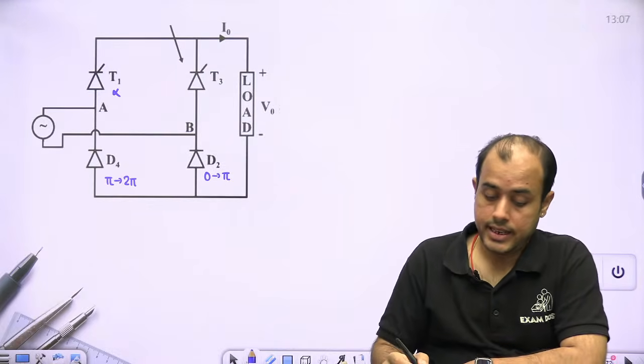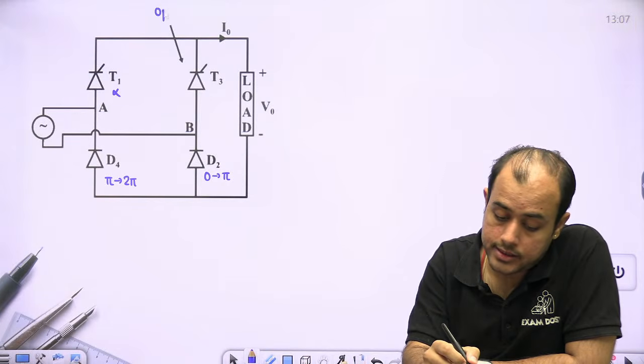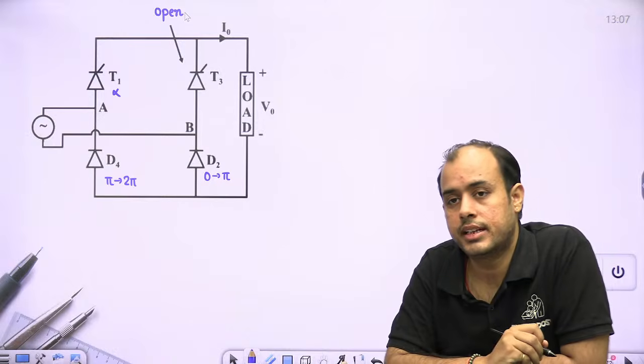Now beta is saying that T3, one of the main SCRs, let us assume it is open. Okay.